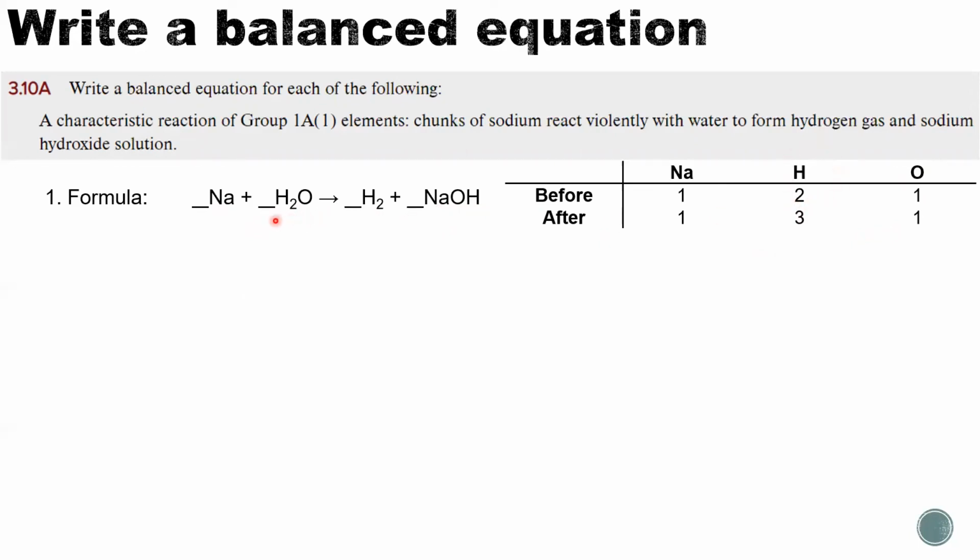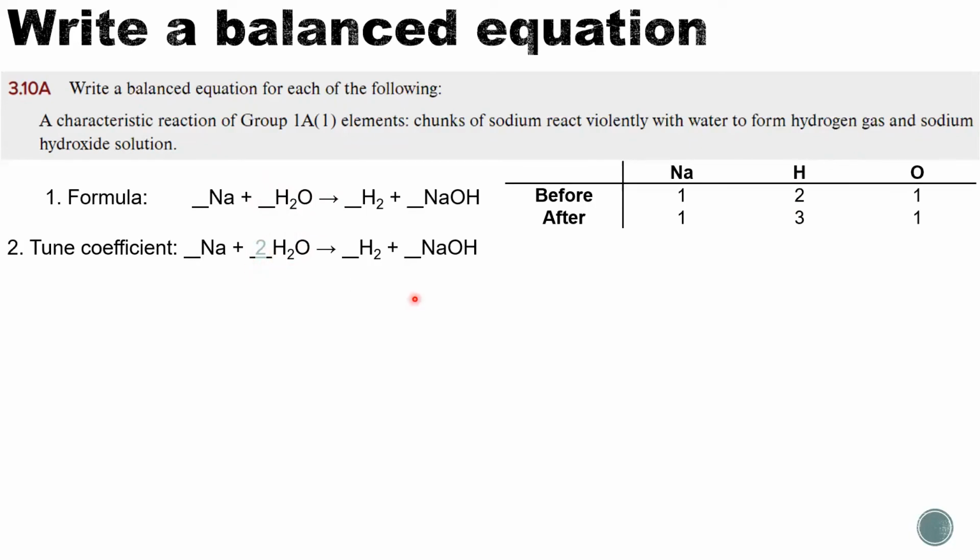Before reaction, hydrogen only comes from the water compound, and we need to boost the coefficient in front of water. Since this one is not an elemental substance, I will not use a fraction for this compound. So we can try if we double it. Now it's 1, we need one more, so we can make it 2.